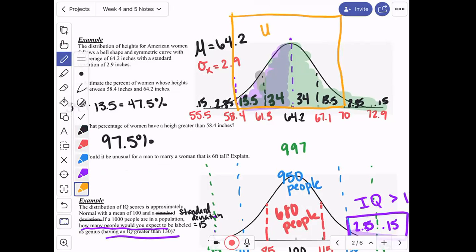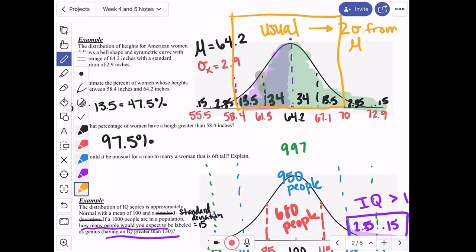Anything within 2 standard deviations of the mean, 2 sigma from mu, is considered usual. Anything outside of 2 standard deviations is going to be considered unusual.